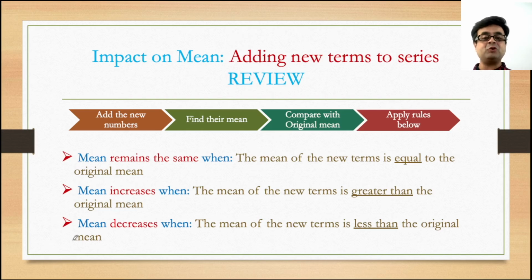If the mean of the new numbers is more than the original series, then the new series mean is also more than the original series mean. And finally, if the mean of the new numbers is less than the mean of the original series, the new series mean will also be less than the mean of the original series.